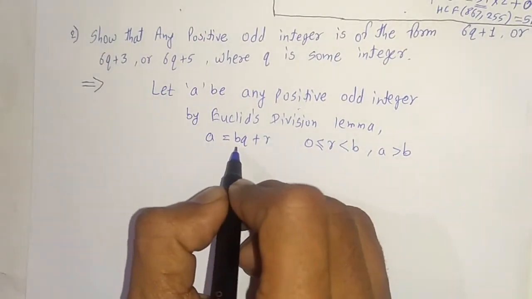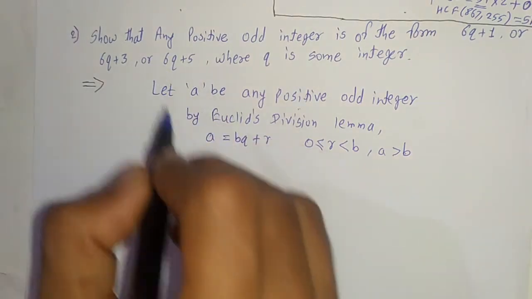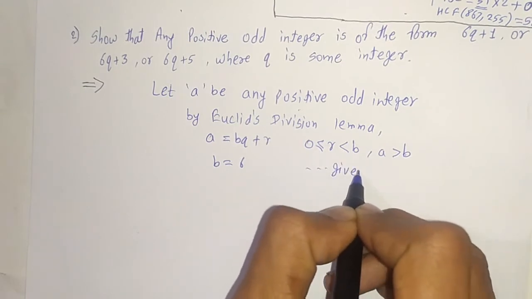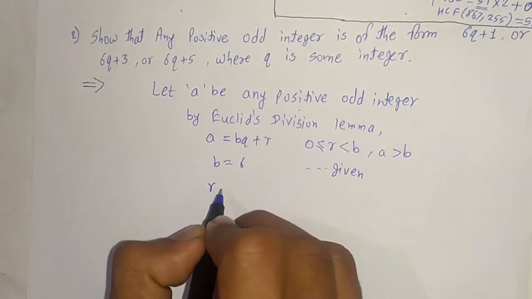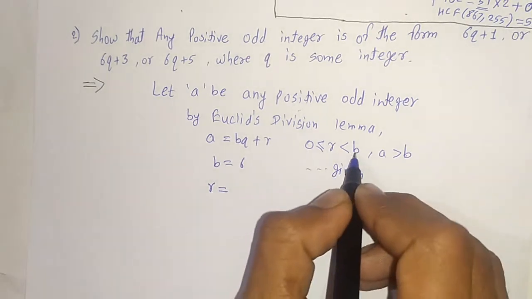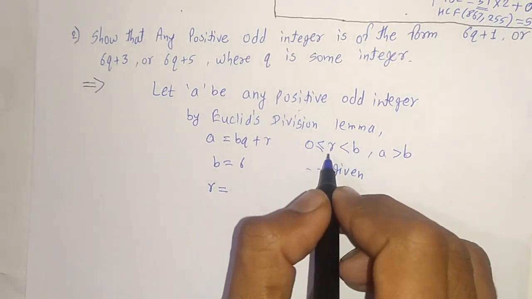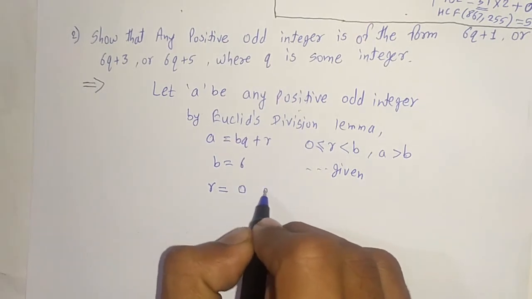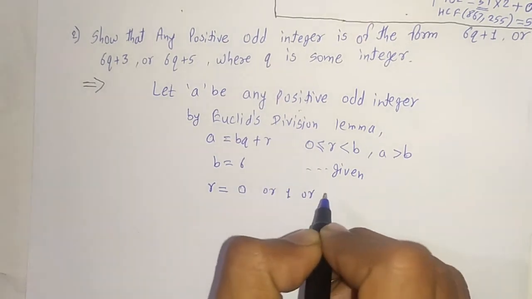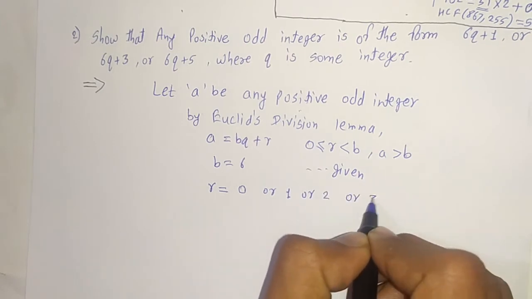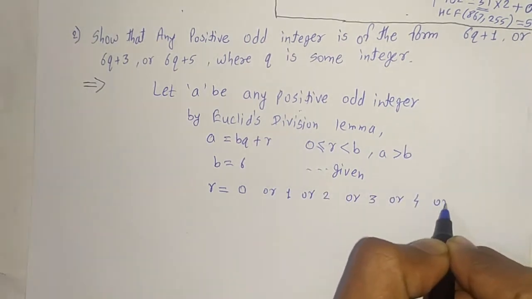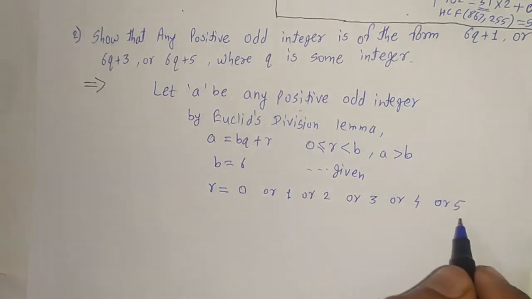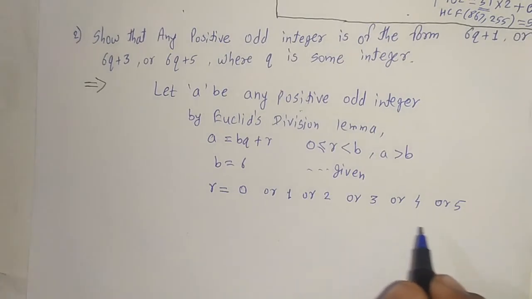The value of b given here is 6. b equal to 6, which is given. So the value of r should be less than b but greater than or equal to 0. So it can take values 0 or 1 or 2 or 3 or 4 or 5. r can take these 6 values: 0, 1, 2, 3, 4, 5.